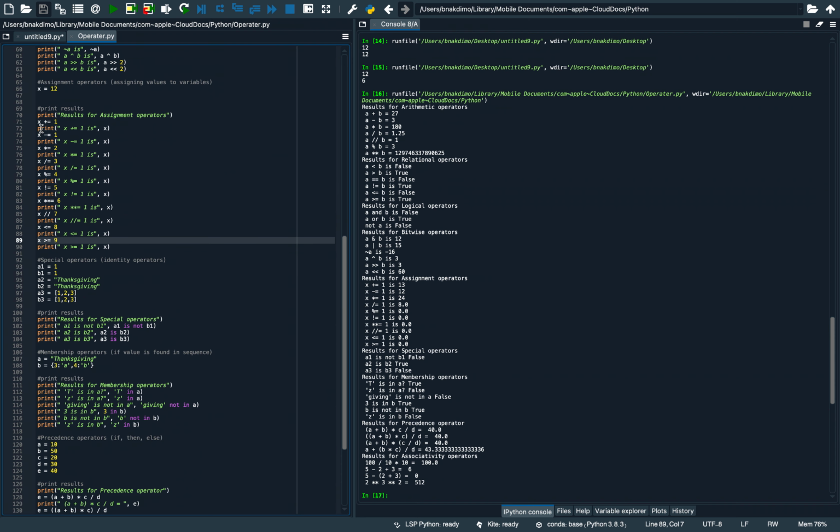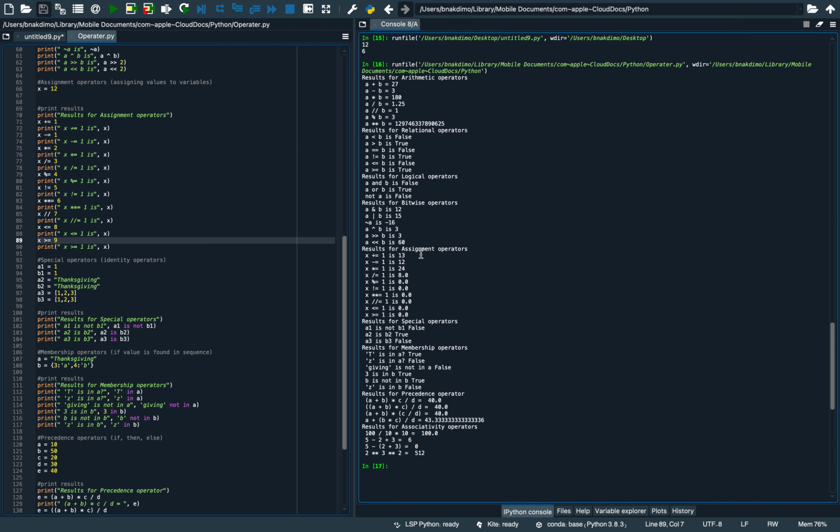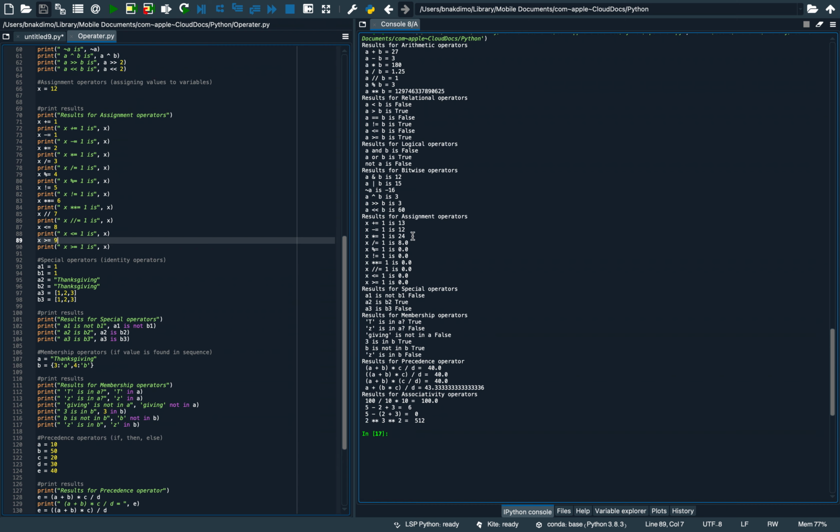So what it's doing is taking the value 12, adding 1 to it, and then printing the value. Then the next one subtracts by 1 and prints the value, then multiplies by 2 and prints the value, and you have the answers on the right: 12, 13, 24.